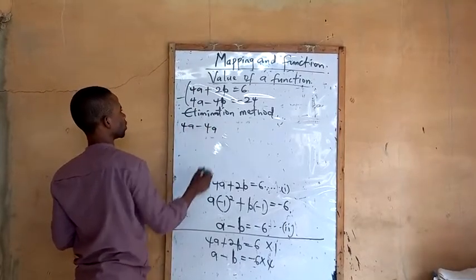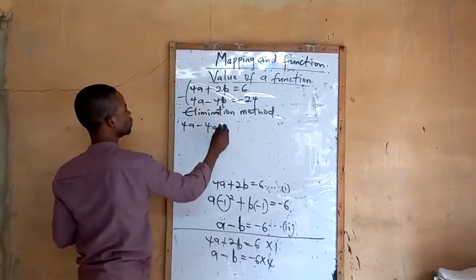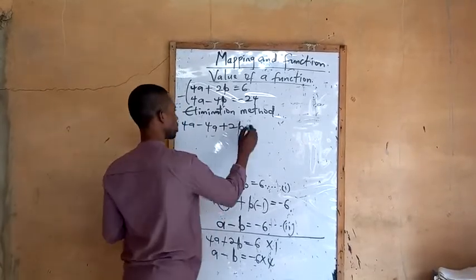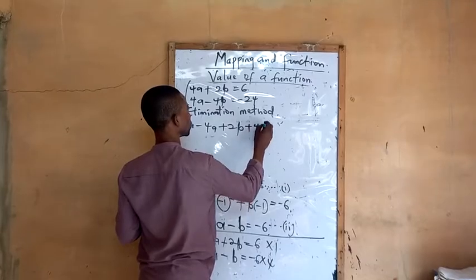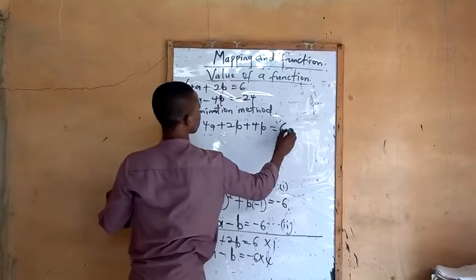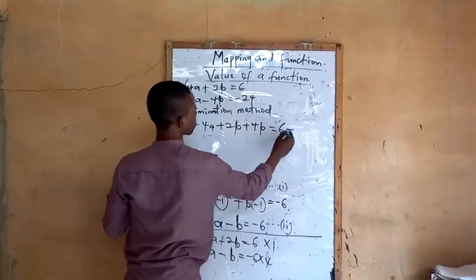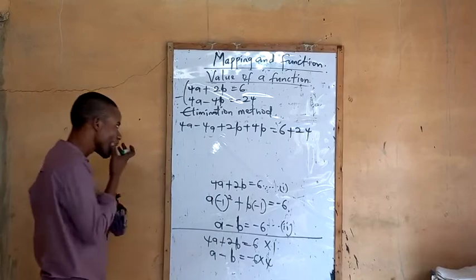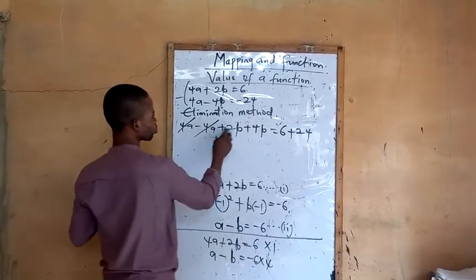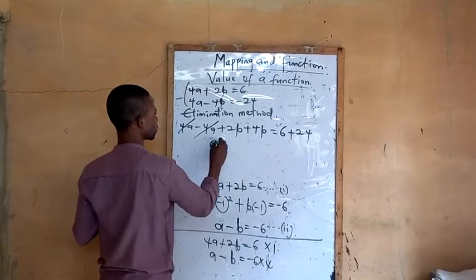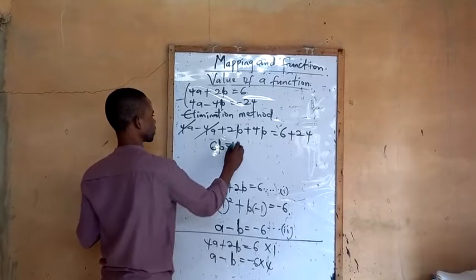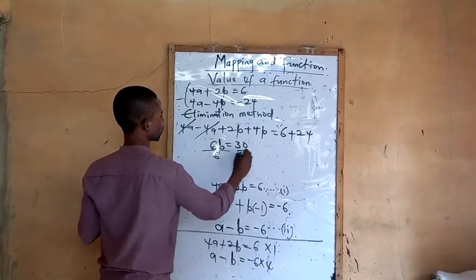Now 2b minus minus 4b, that is plus 4b, equals 6 minus minus 24, that is plus 24. So 4a cancels 4a, and we have 2b plus 4b, that is 6b equals 6 plus 24, that is 30.